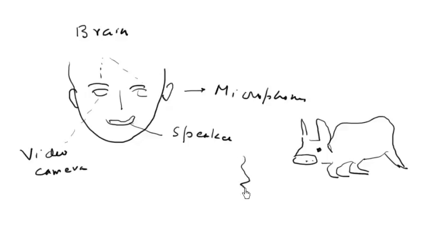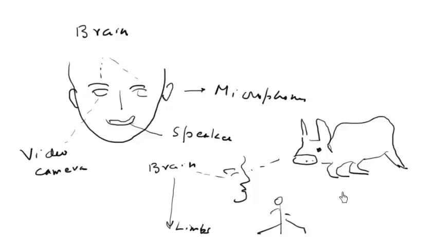So when a person sees that, the eye will send a signal to the brain, and brain will send a signal to the limbs so that you are ready to run. So I think that gives you an introduction to various transducers and their applications, and that's all for this session.